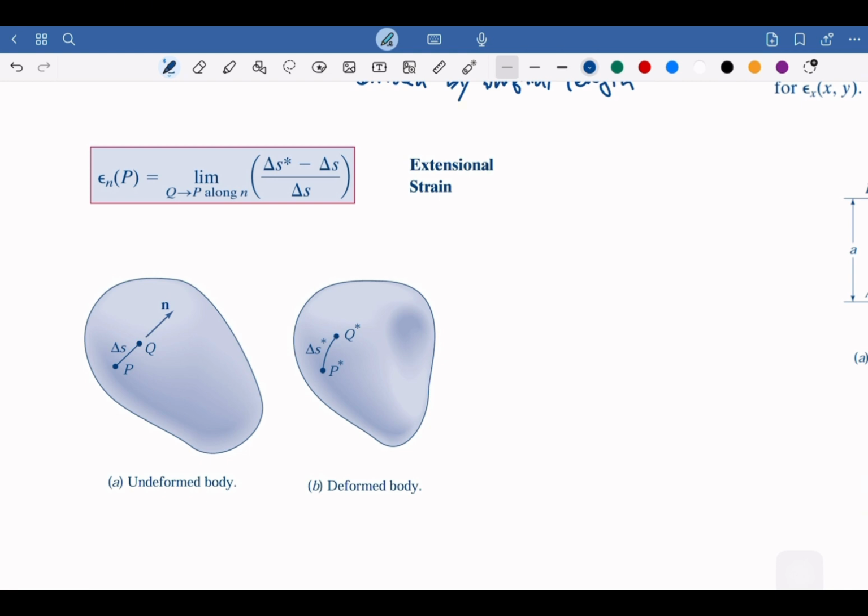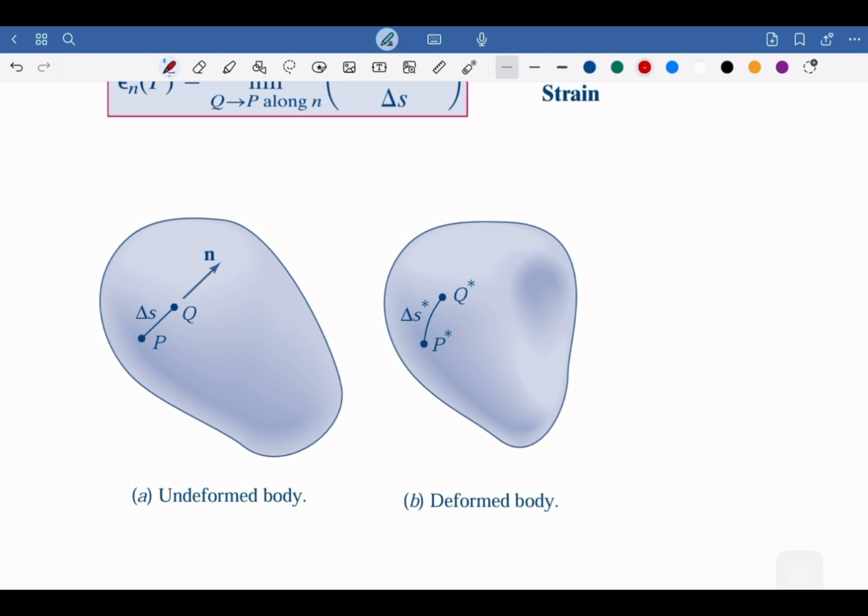And then if we take the infinitesimally small line segment PQ for that delta s, after deformation, the PQ, if you see this part here, becomes an arc. So from a straight line, it becomes an arc with arc length delta s asterisk.